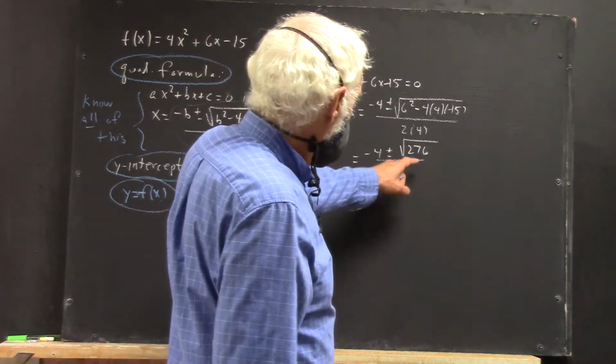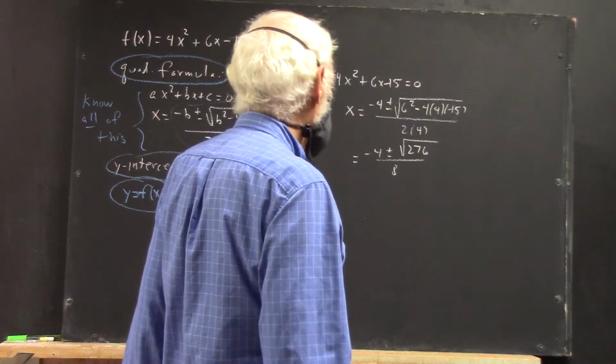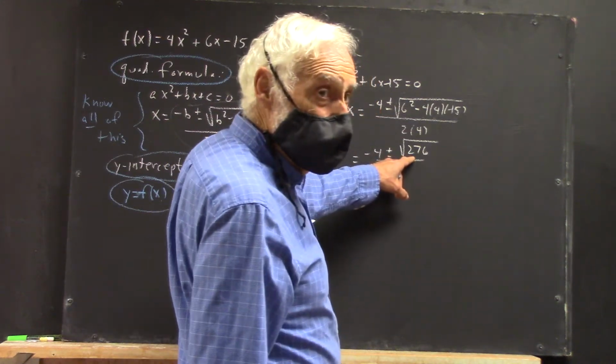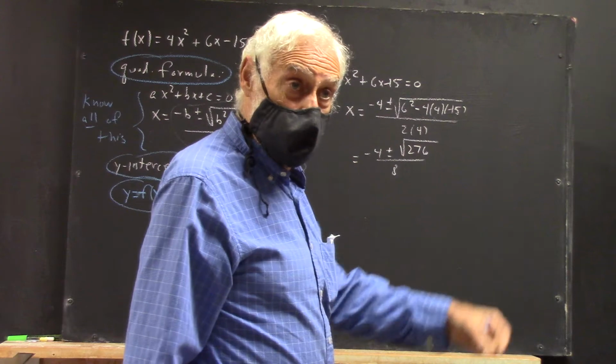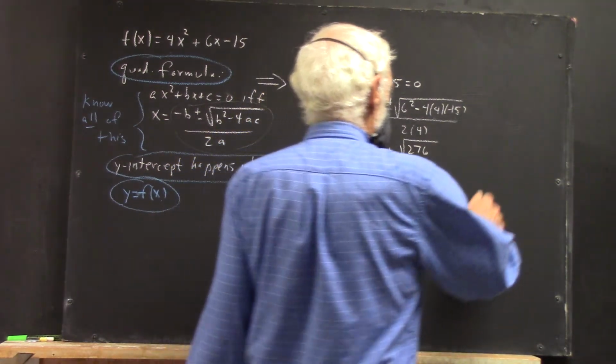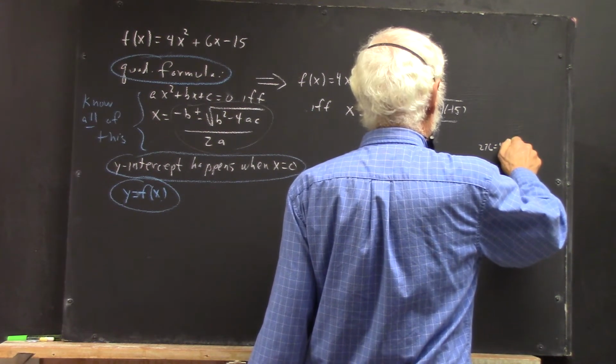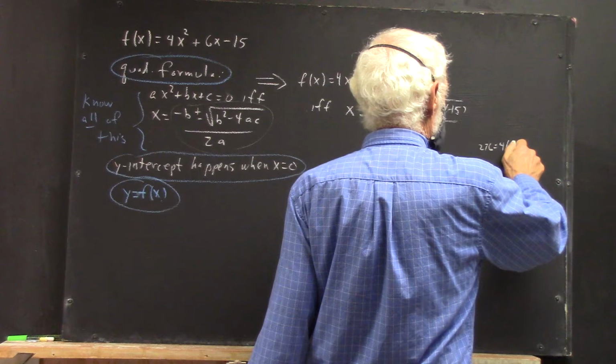Okay, we can do a little arithmetic on 276. We can divide 276 by 4, 4 being a perfect square. So we know that 276 equals 4 multiplied by 69.